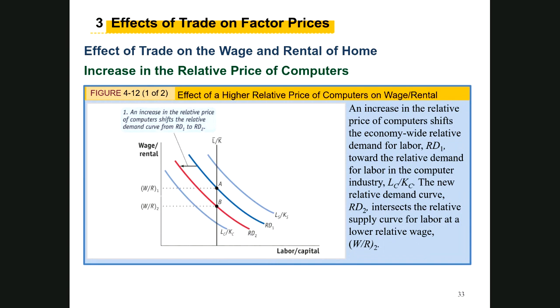So that will shift the relative demand curve for labor from RD1 to RD2. So that will drive down the equilibrium relative wage rental ratio.